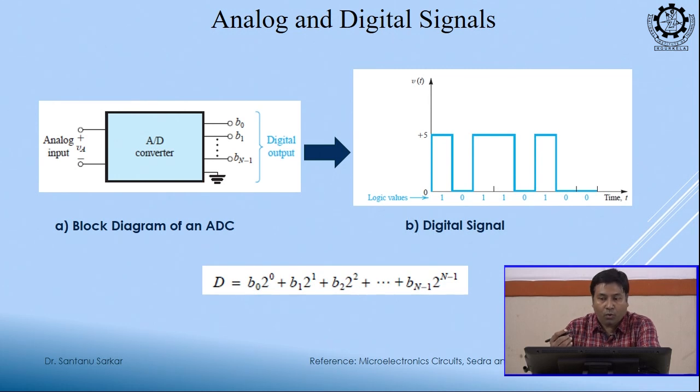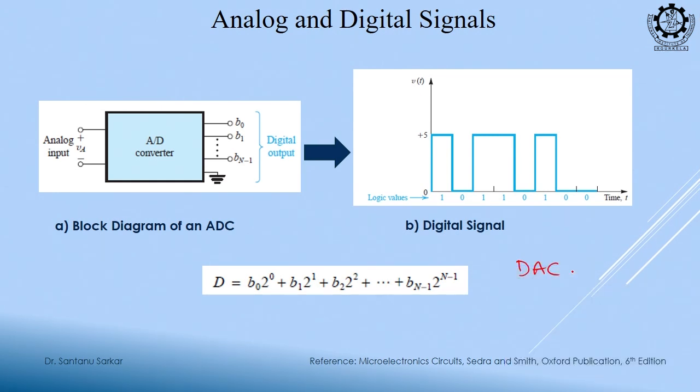So, to do that digital to analog conversion we may need a DAC. Okay. So, in any signal and system, at the front end and the back end, we will have these data converters.